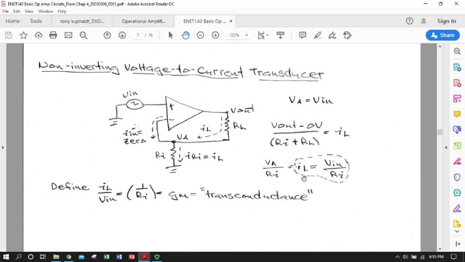So I go with this, and then I say V sub A over R sub I is I sub L, and just use this. Pretty simple. I can define that resistor in my circuit. I know what I have coming in, and now I know what I have flowing out in terms of current.